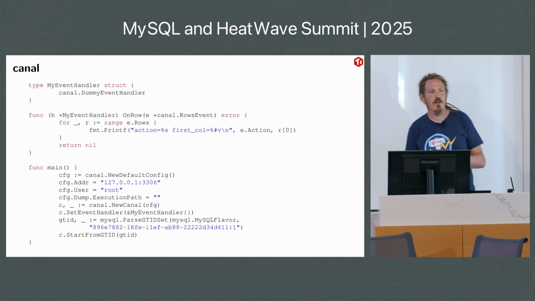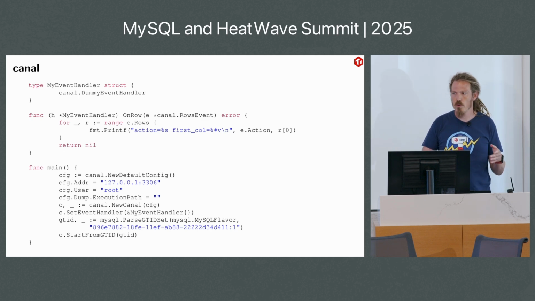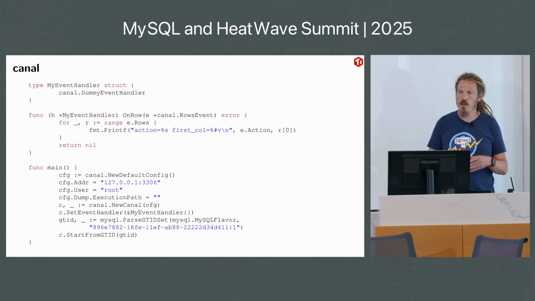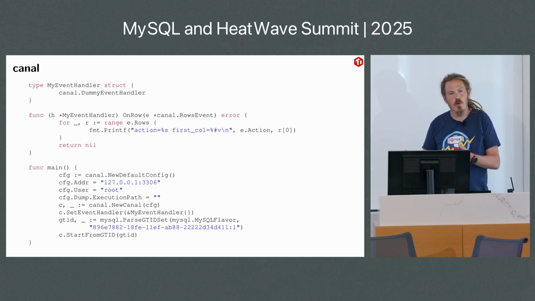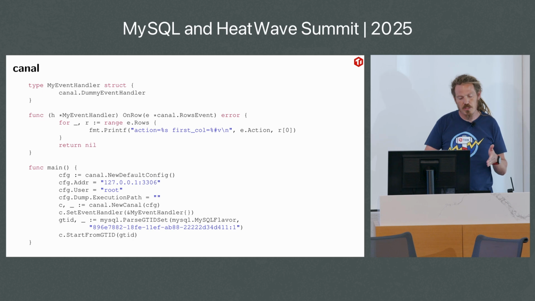We also have a different API for looking at the binary log events, called Canal. Here you're working with the same set of events from a MySQL server, but the code looks slightly different. Here we are also connecting to a server. This time we're using GTID, because that's also something we support, instead of a file and position.